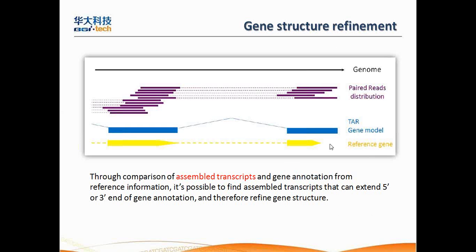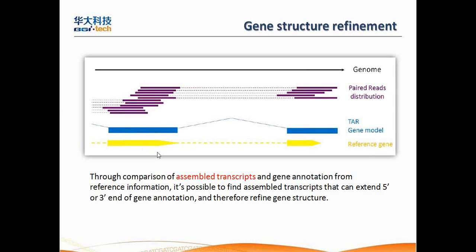This gene structure refinement is only used in the resequencing transcriptome, because you need to first have the reference gene model and the reference genome. Then you map the resequencing reads to the genome and try to figure out whether the expressed fragment corresponds to the exon in your reference genome.